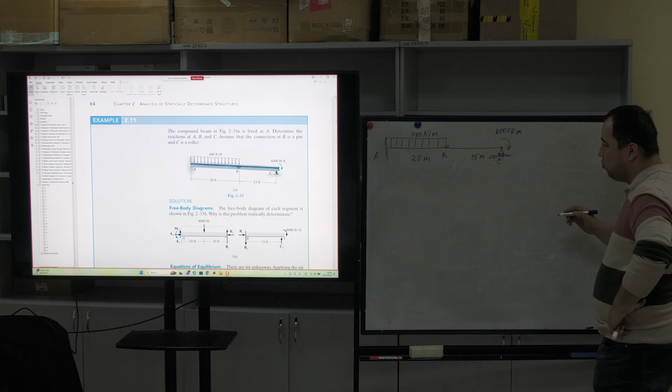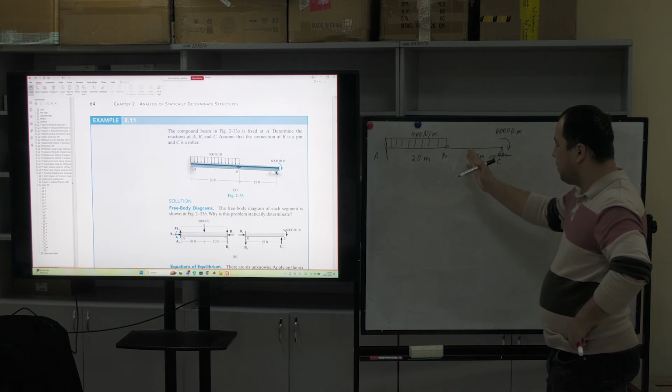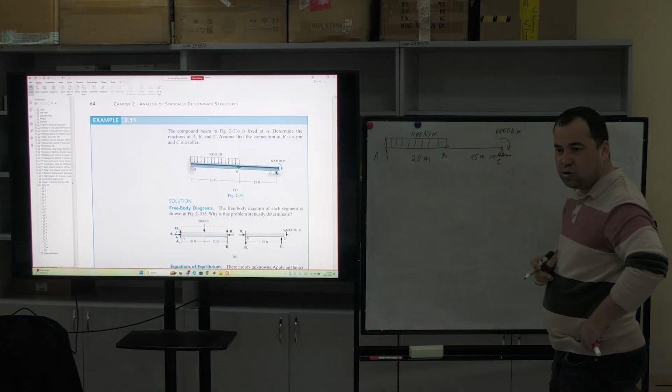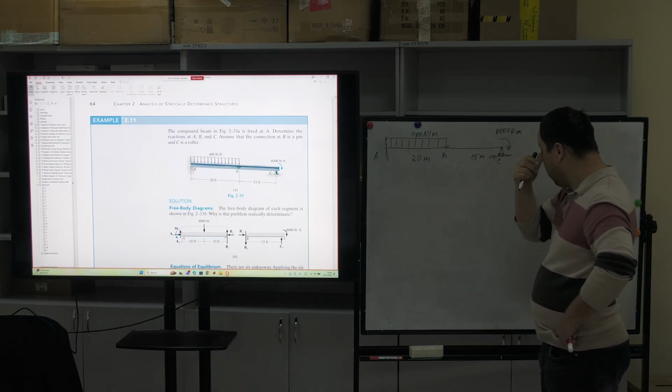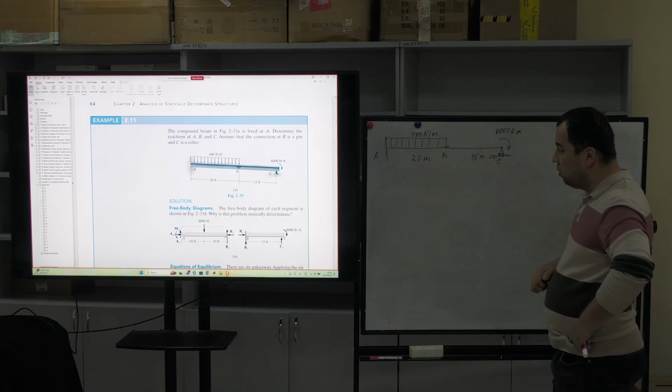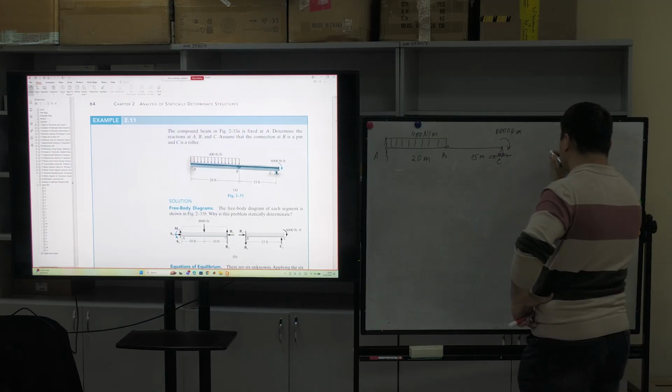What we have to do is separate our system into 2 parts, 1 part and a second part. Let's draw the force case.